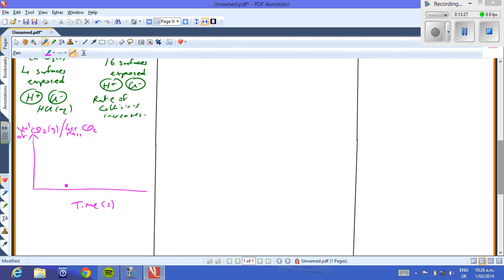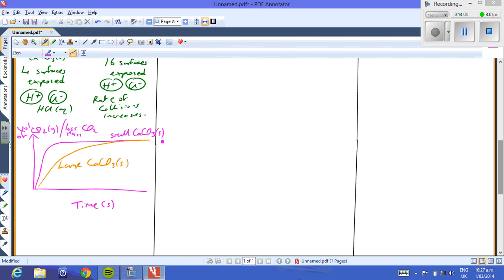If you have a large surface area, then the rate of the reaction is going to be much faster initially, and then it reaches its endpoint. If you have a smaller surface area, so larger chips, then it's not so fast to begin with, and then it slows down. It takes longer to reach its endpoint. So this would be large calcium carbonate, and this one here in pink would have been the small calcium carbonate.